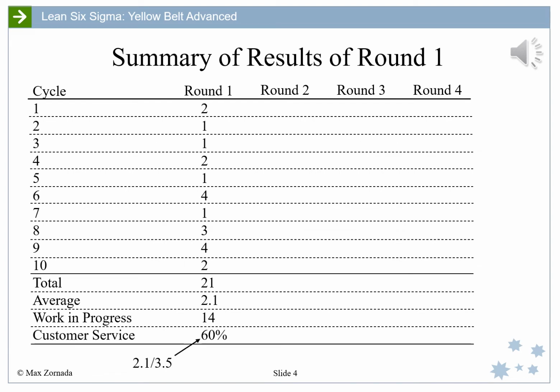The customer service level that I've calculated is simply 2.1 divided by 3.5. You'll also notice that some parts of the process have no work in progress, while other parts have quite a high level of work in progress. So the work in progress is not evenly distributed through the process, it's quite lumpy.